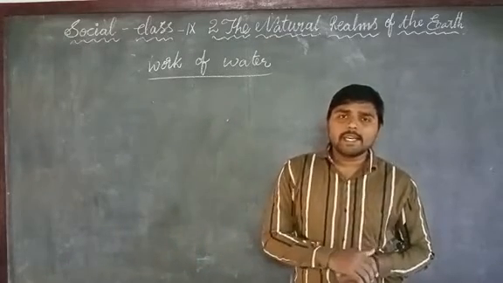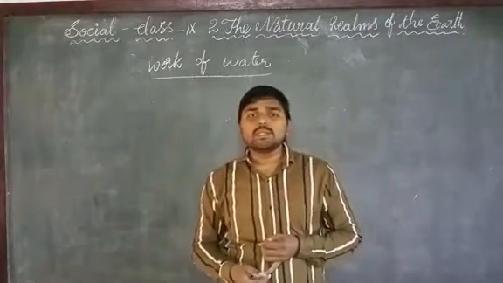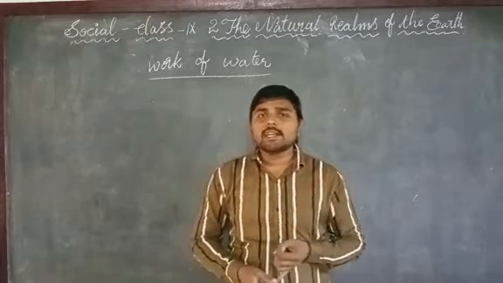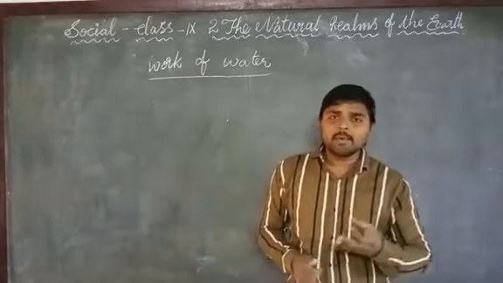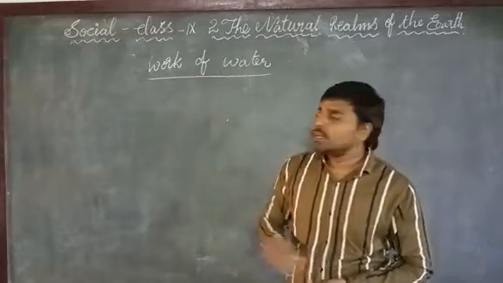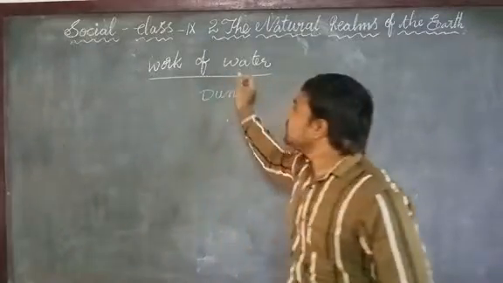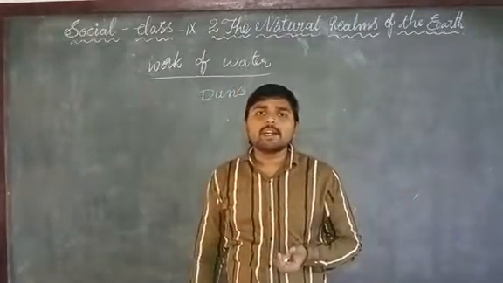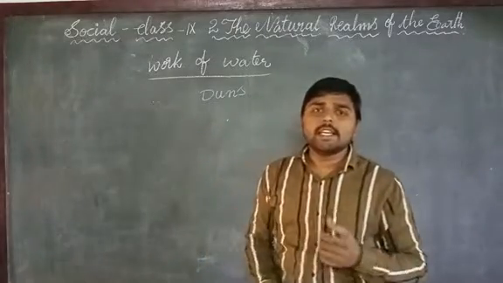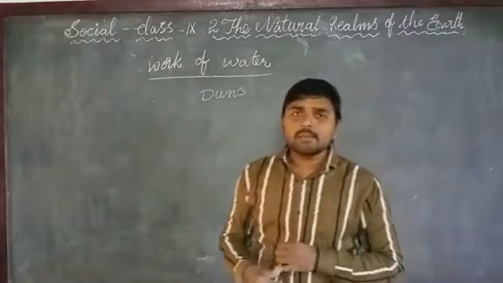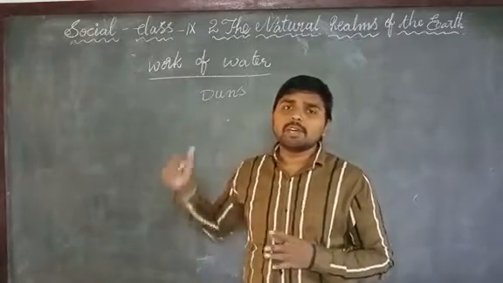In this way, the famous dunes are formed in India: the Dehradun, Kotli Dune and Patli Dune. These are the dunes formed due to the work of water.